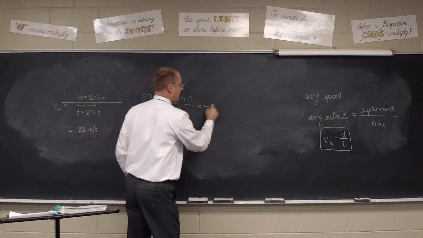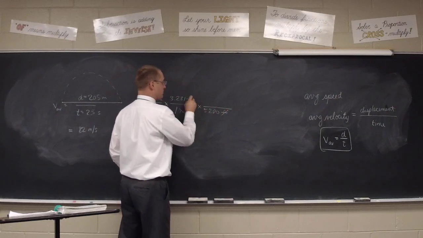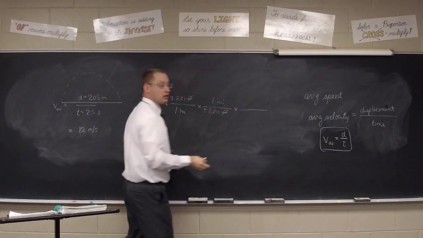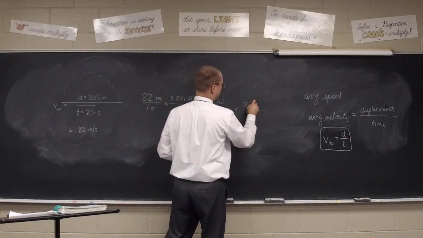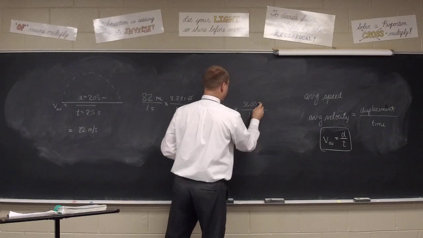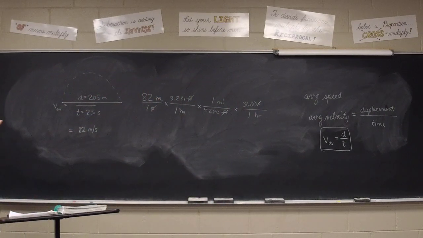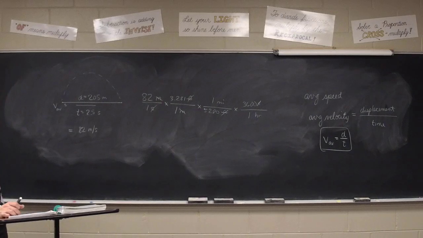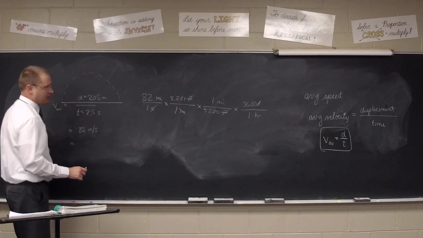So let's convert feet to miles. 5,280 feet, put that in the bottom to cancel, is a mile. All right, and then I don't want seconds, I want hours. 3,600 seconds, I need to put that on the top again, over the 1 hour, and that cancels away the seconds. And so you can take the 82 that's already on your calculator, times 3.281, times 3,600, and divide that by 5,280. And how many miles per hour is this arrow traveling?